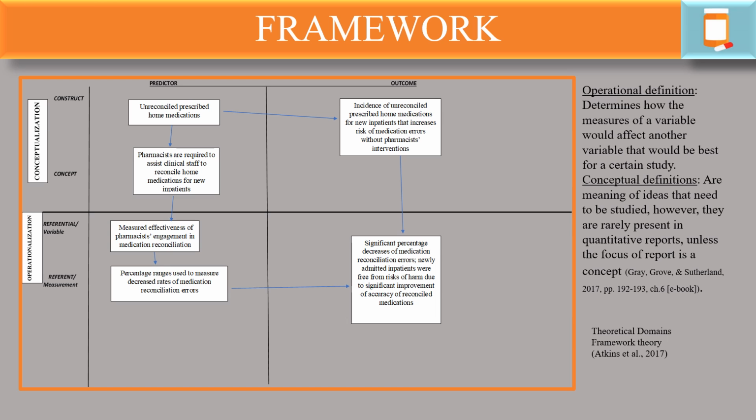These domains included knowledge, skills, environmental context and resources, motivations and goals, social influences, and social professional role. Most hospital pharmacists believed knowledge gap, lack of training and skills to implement medication reconciliation.